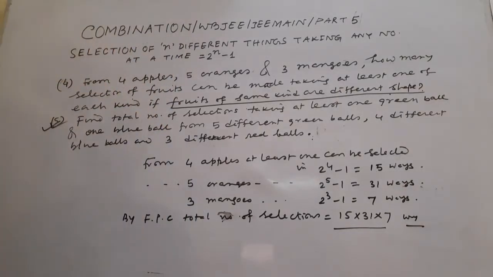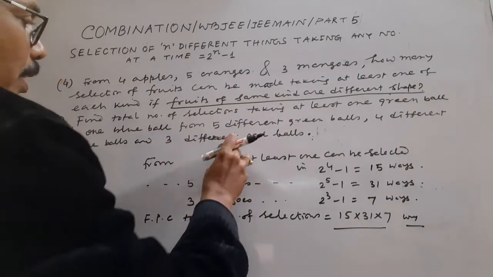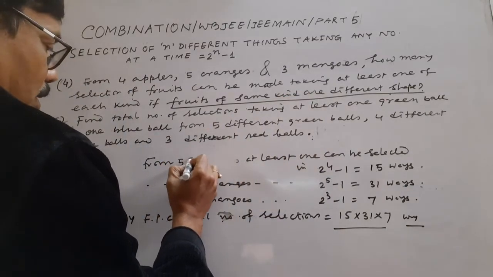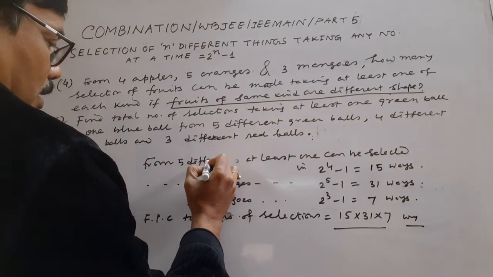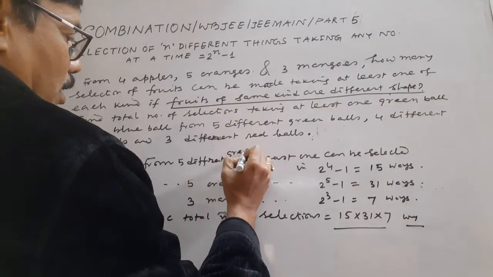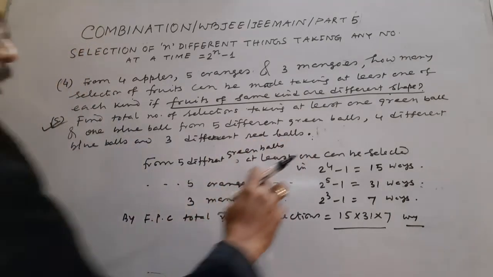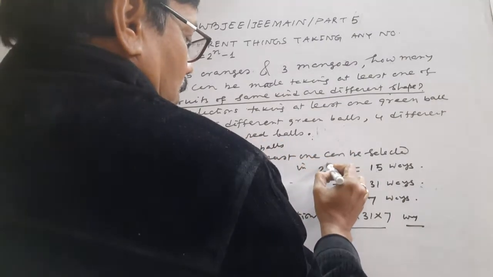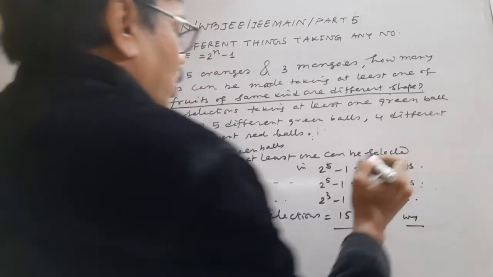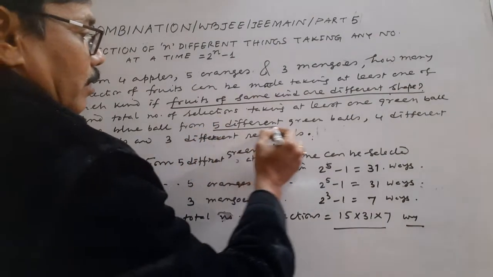So look here, from 5 different green balls, at least one can be selected in 2 to the power 5 minus 1, so 31 ways.